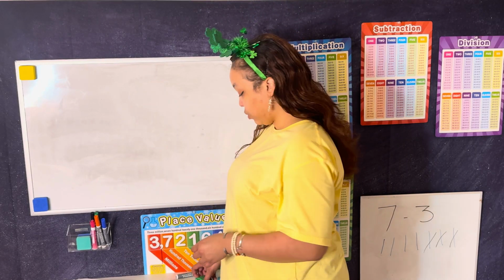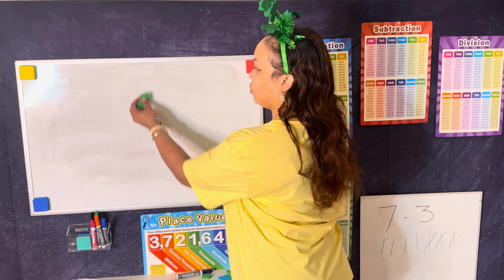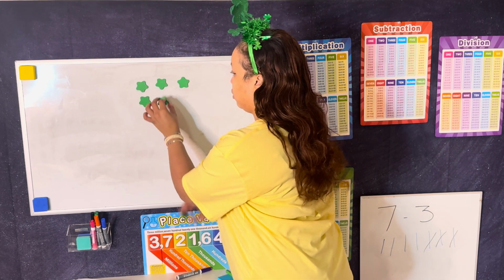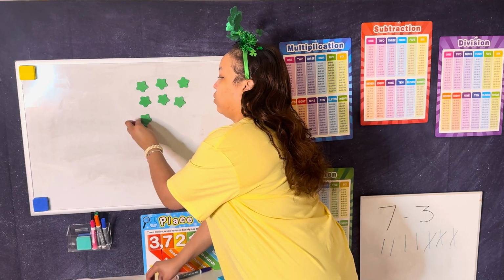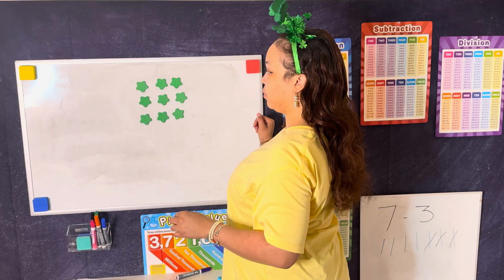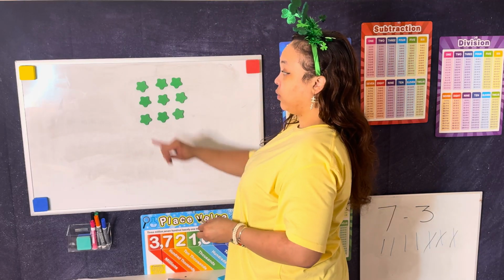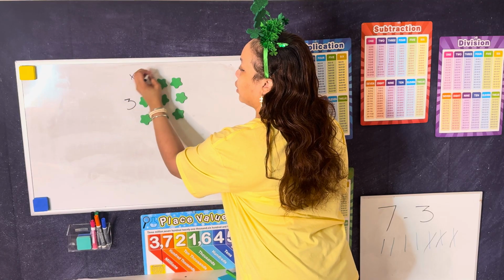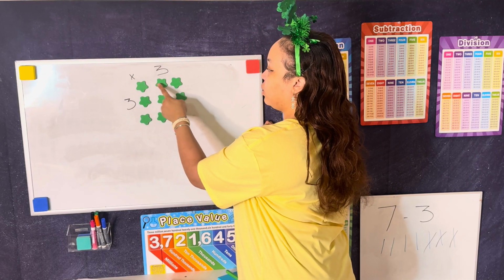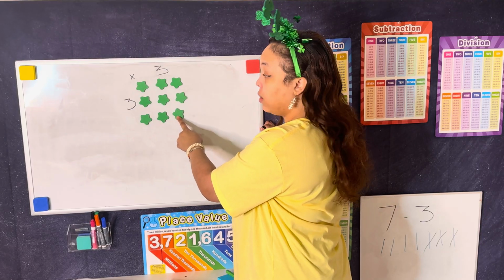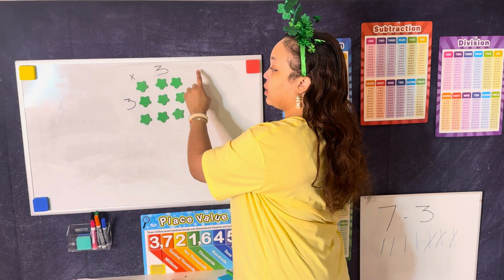Let's do 3 times 3. 1, 2, 3. 1, 2, 3. 1, 2, 3. If we count 3 times 3, 1, 2, 3, 4, 5, 6, 7, 8, 9. That means 3 times 3 is 9.